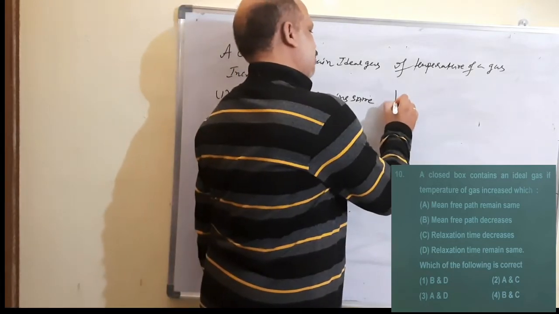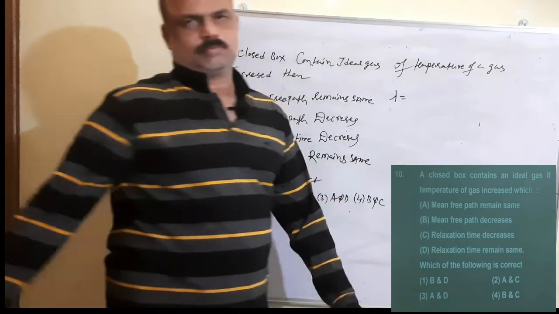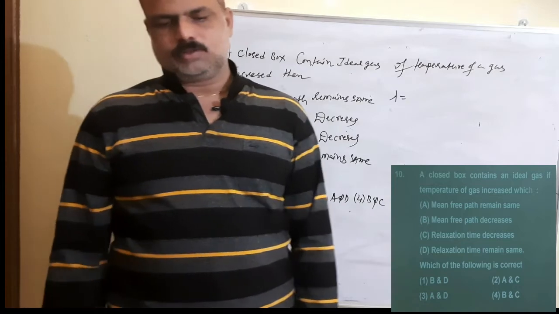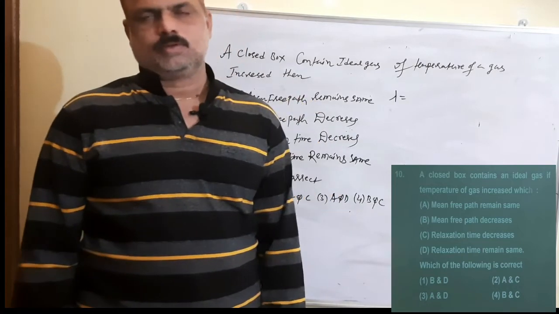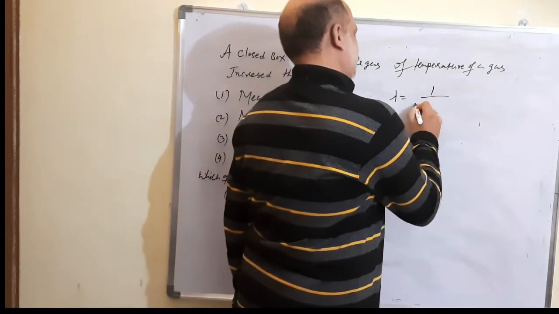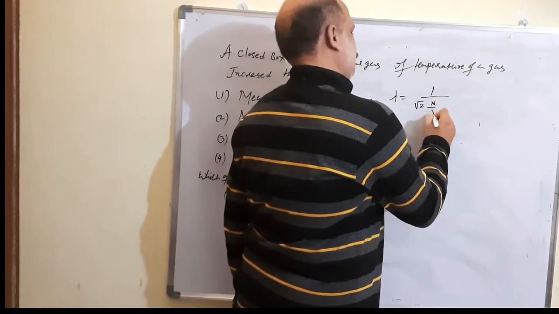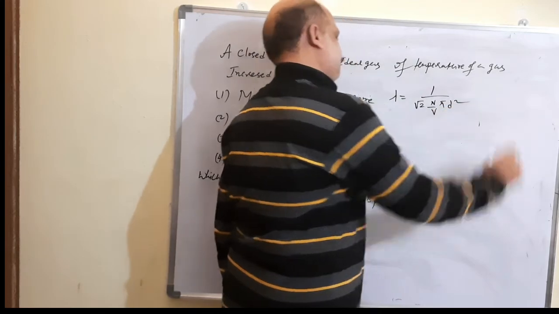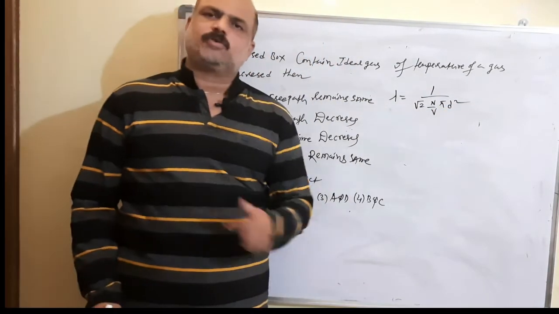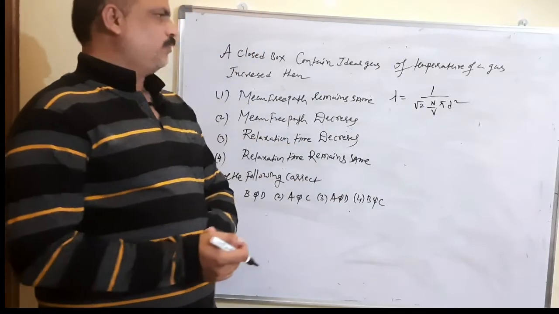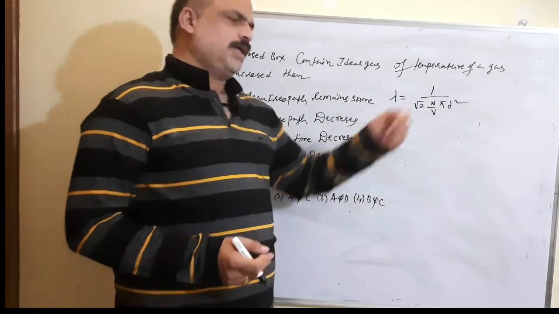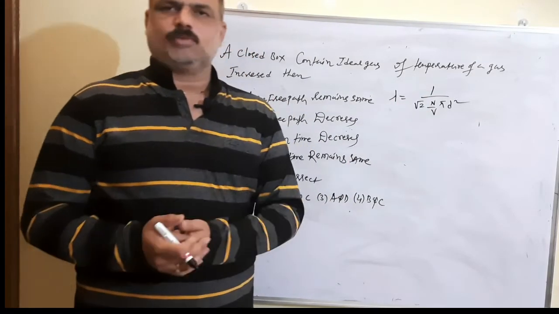So we know that the mean free path lambda is equal to 1 by root 2 n by V pi d square, where n is the total number of molecules, V is the volume of the container or volume of the gas, d is the diameter of the molecule.